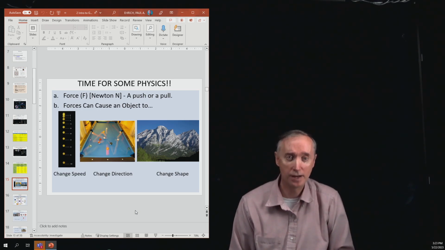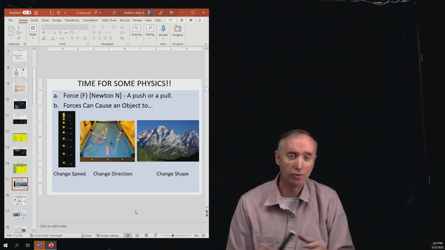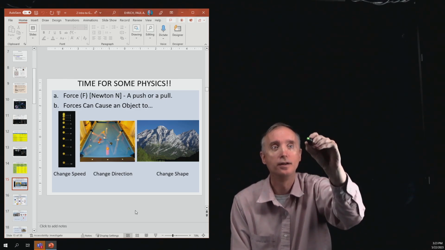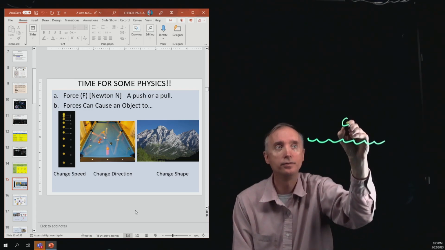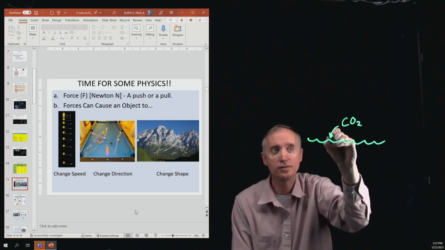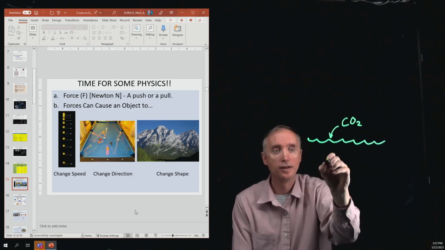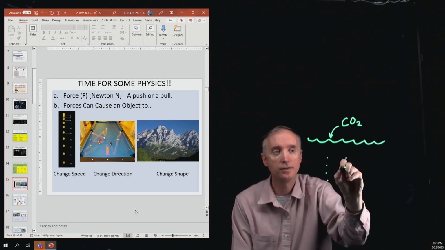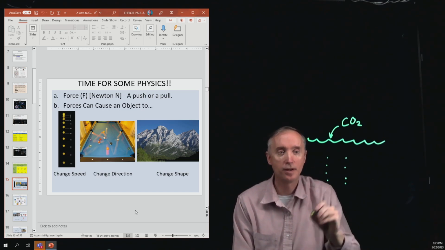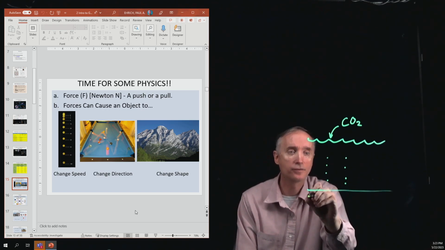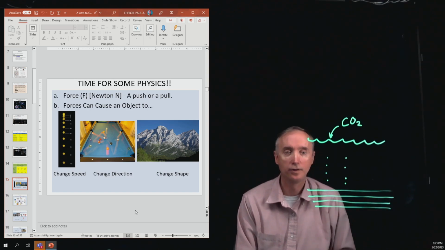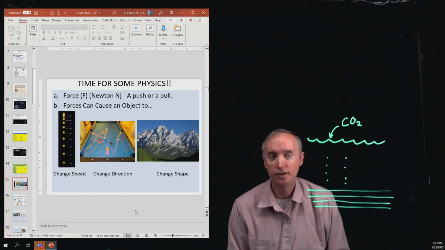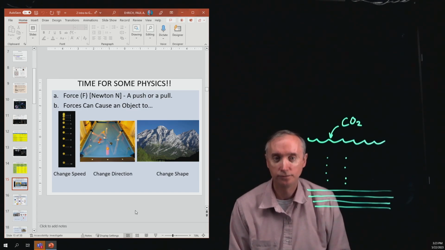And that's a picture of mountains. Now later in the course, we're going to find out that when you've got an ocean, carbon dioxide, so CO2, mixes with ocean water, and then it precipitates calcium carbonate, which makes layer after layer after layer on the ocean floor, and eventually that turns into limestone.